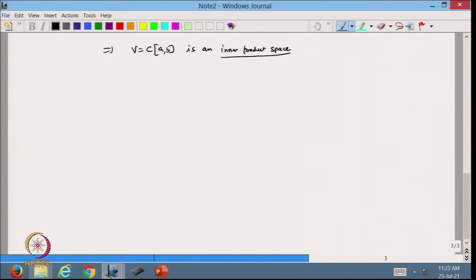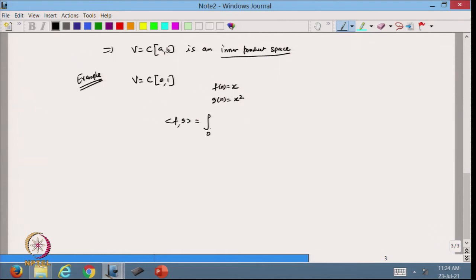Now, based on this, suppose I take, for example, a vector space of all continuous functions defined from maybe 0 to 1, and suppose I take a function f(x) equal to x, and g(x) equal to maybe x square. Then I define the inner product of f and g.